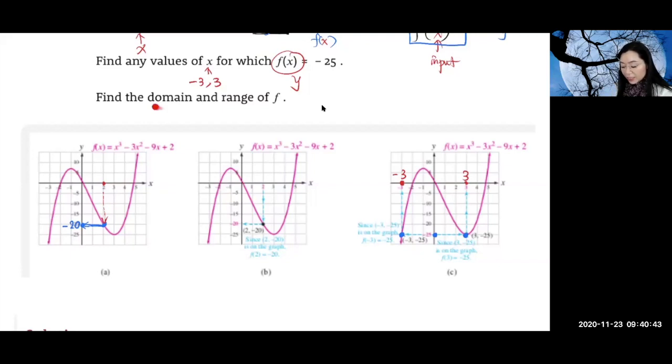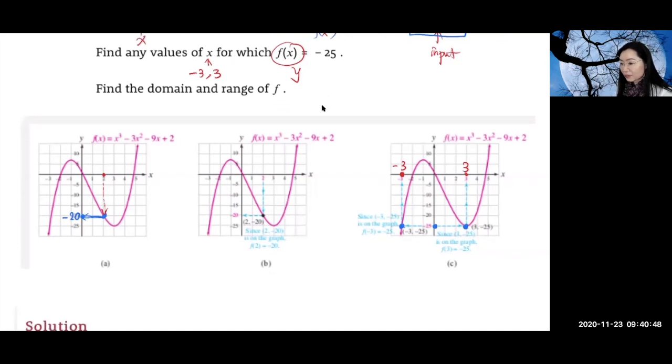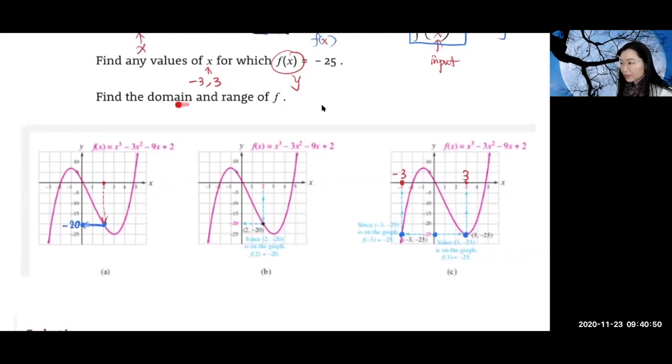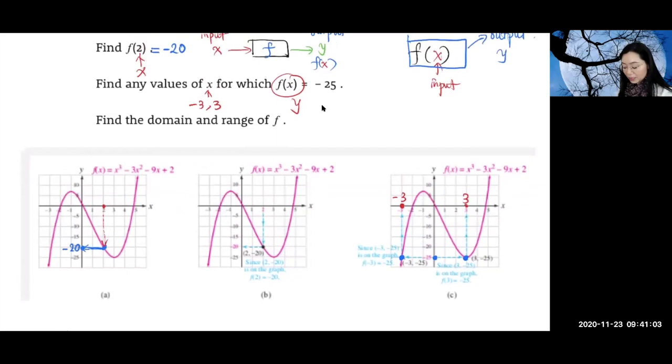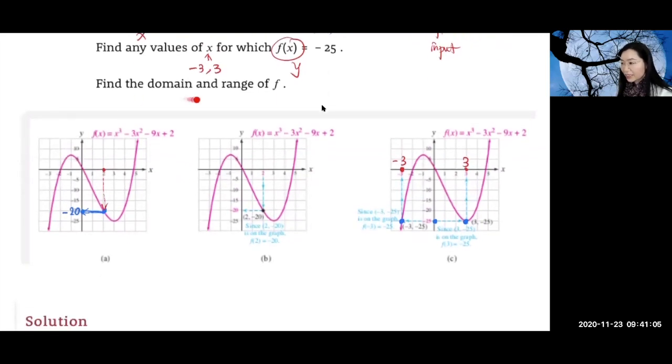So the last part here, find the domain and range of the function. Do you guys remember what's the domain? Domain is the set of all possible inputs, which in this case means all possible x values that you can substitute into the function, right? So to find this graphically, you look at what kind of x coordinates those points on the graph take.